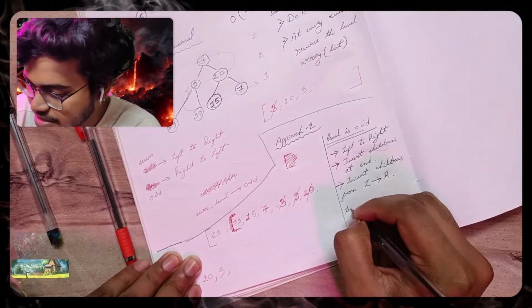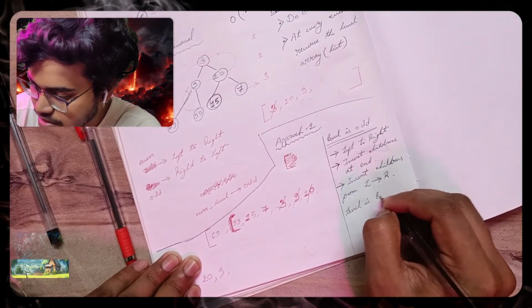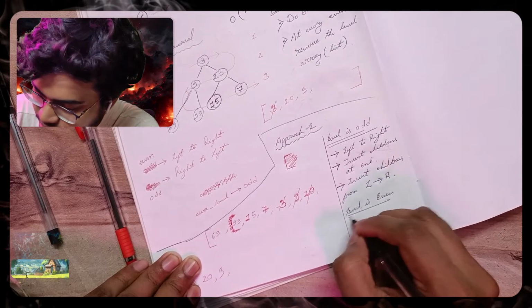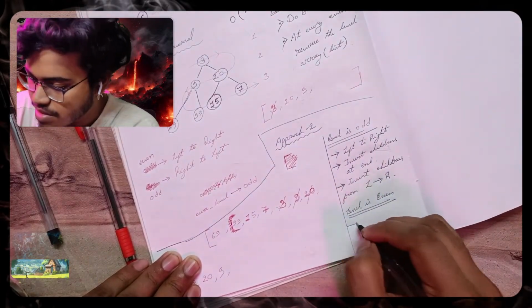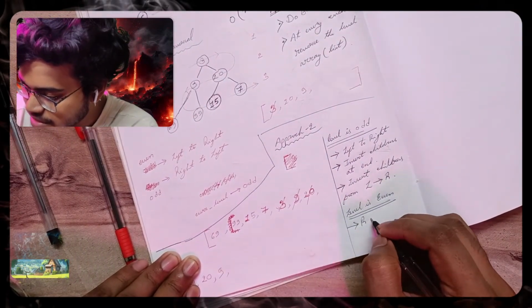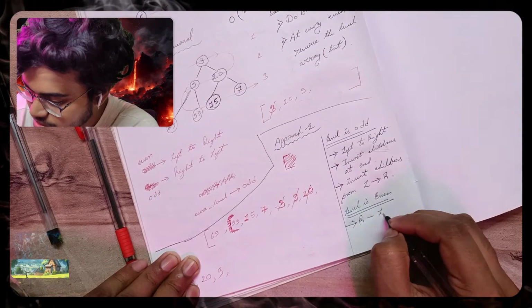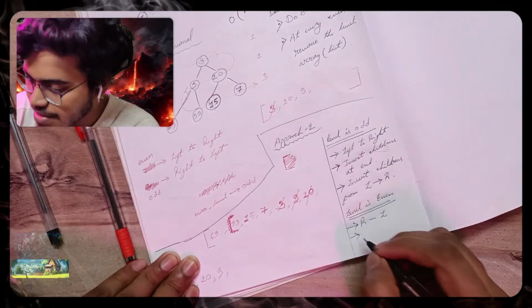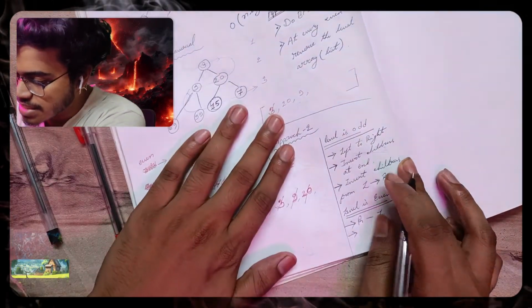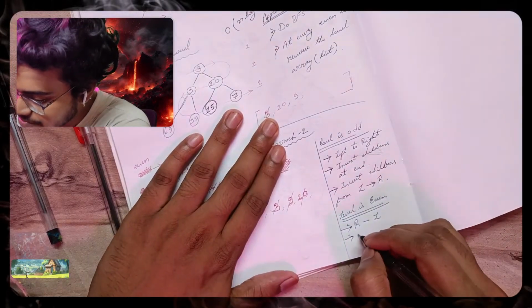When the level is even, we will go from right to left, and insert children at the beginning.